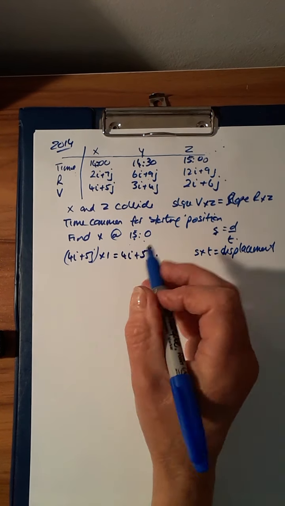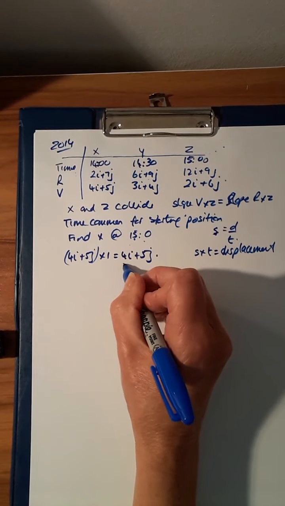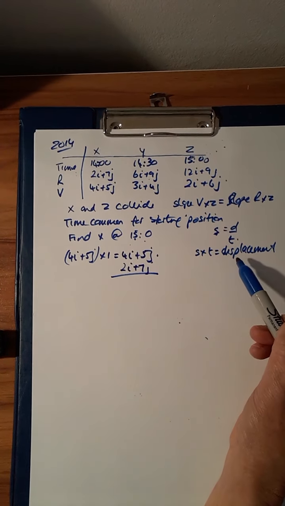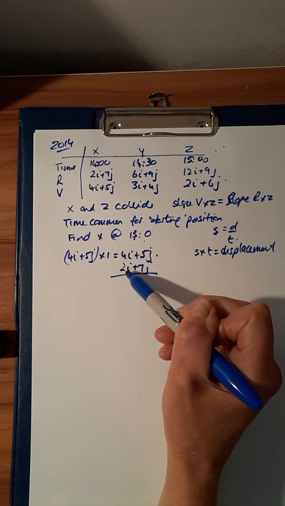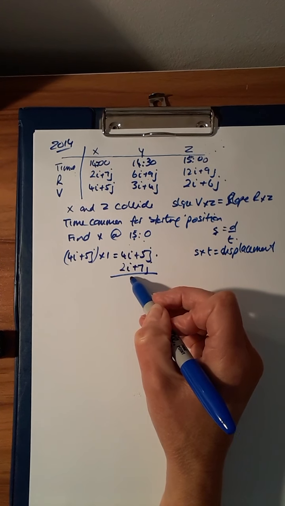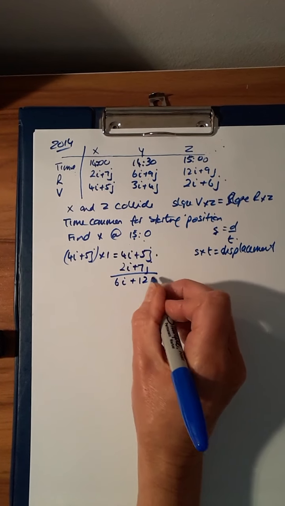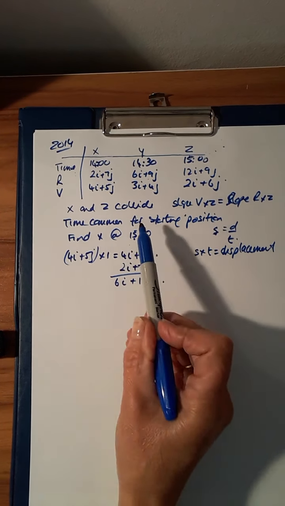And now I'm going to add on its displacement, where it was at 2i plus 7j. And that will tell me where its new displacement is. So it's speed multiplied by time plus, I'm adding on to where it was at 2 o'clock to find out where it will be at 3 o'clock. And when I do that, I get 6i plus 12j. Okay, so that is x's position at 3 o'clock.